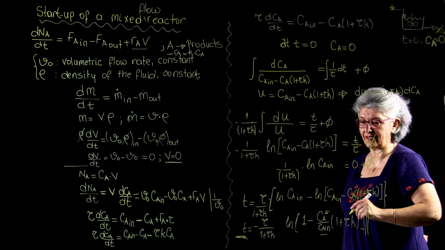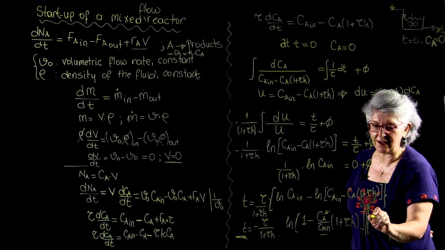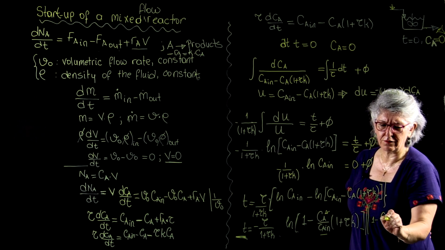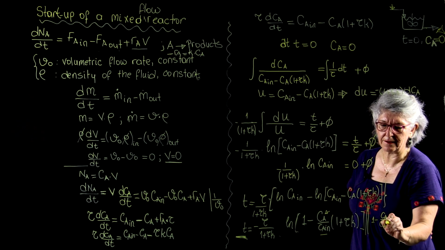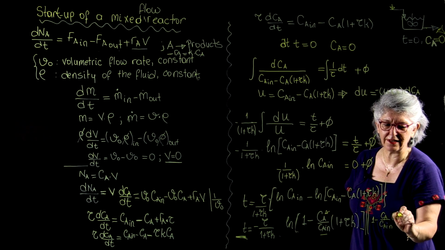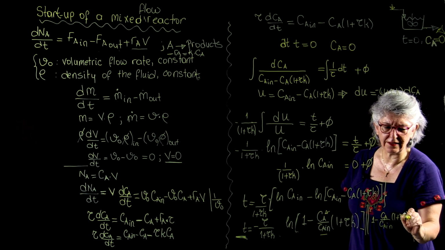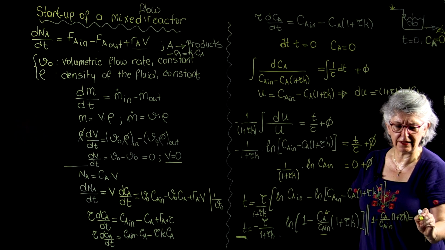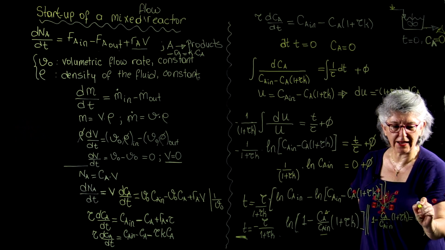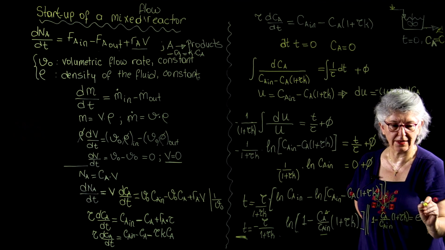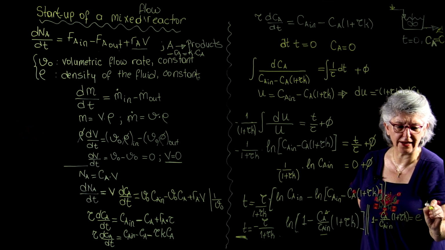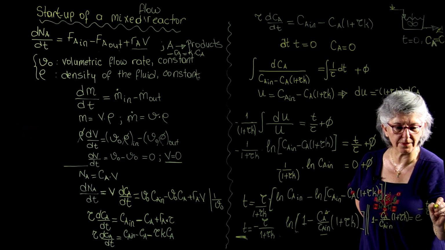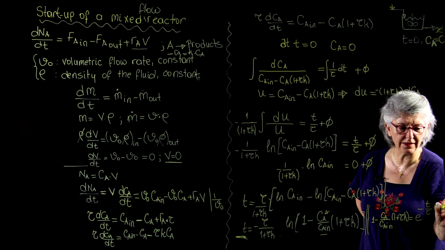So let us take these to the other side. Let us take the exponent that we have now: 1 minus Ca over Ca,in times 1 plus tau k is equal to, I took the exponent, e to the minus t over tau. Pay attention to this term; we will see this term very frequently, multiplied by 1 plus tau k.